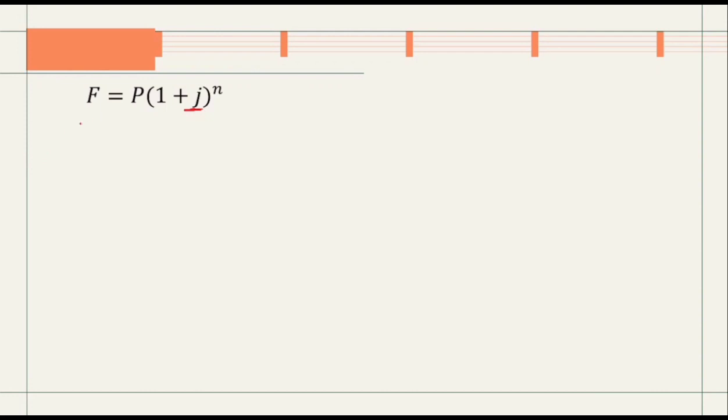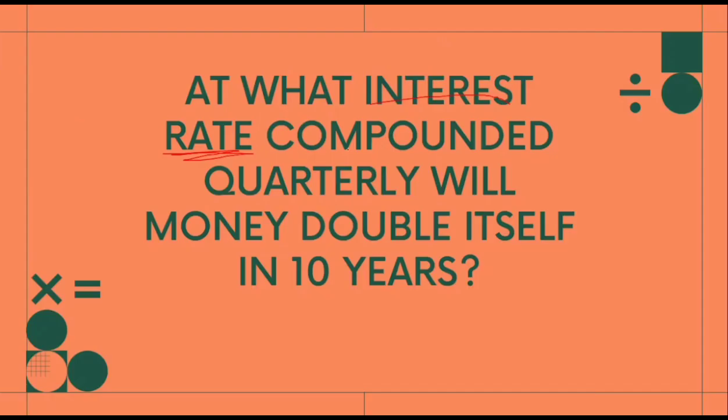So our future value is, it says here that at what interest rate compounded quarterly will money double itself in 10 years?